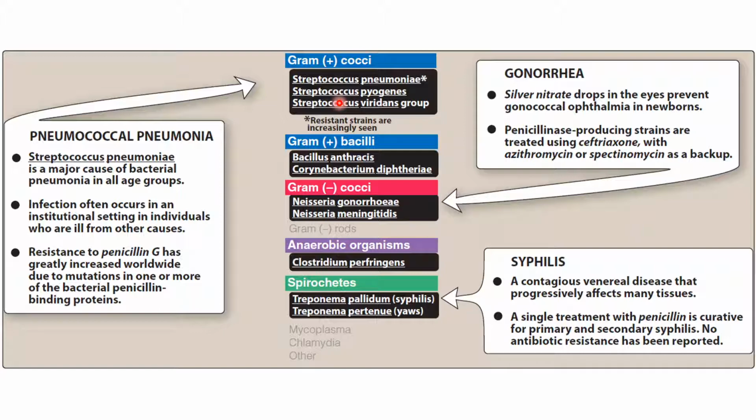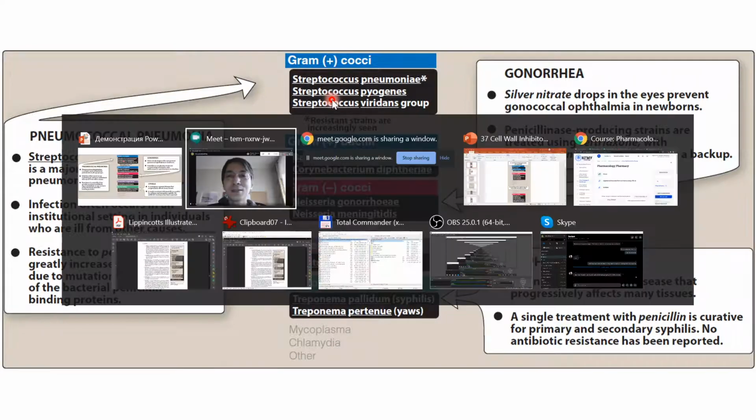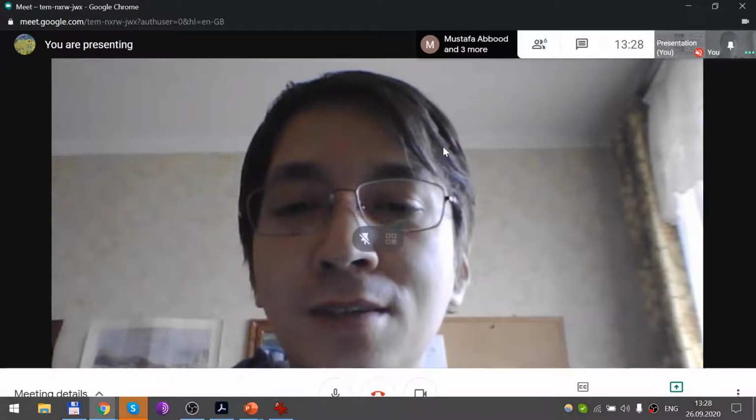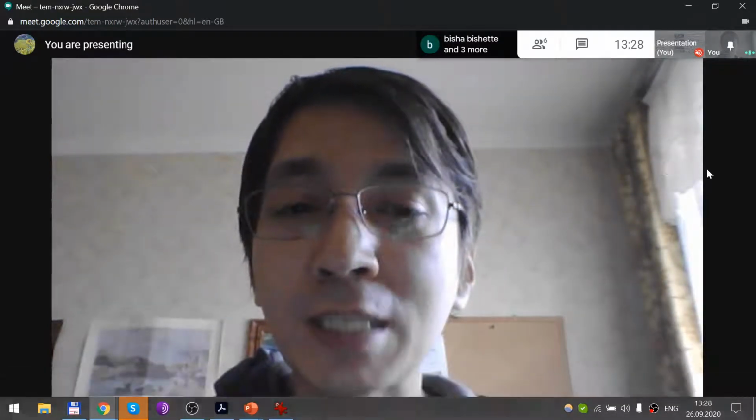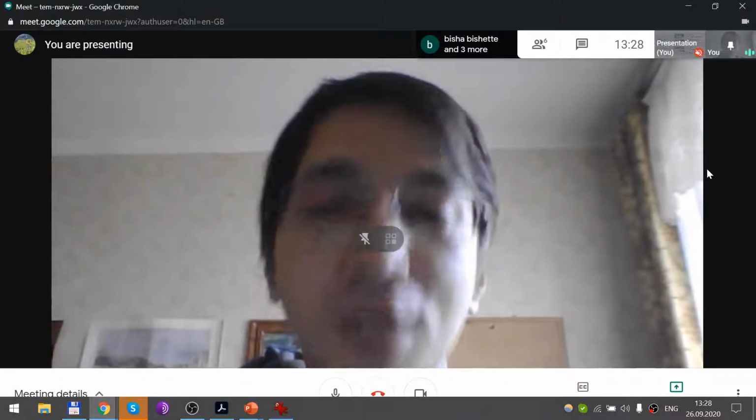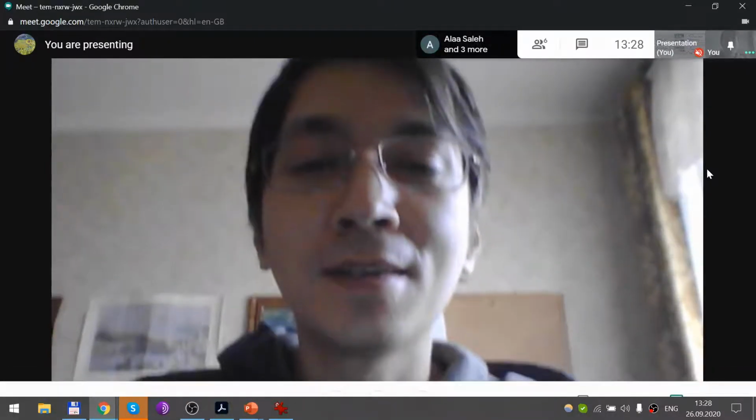Sure. Is it forbidden in Russia to give amoxicillin because it has penicillin? Amoxicillin and what? The group of amoxicillin, it's forbidden to give in Russia. They don't give it without a receipt from the doctor.